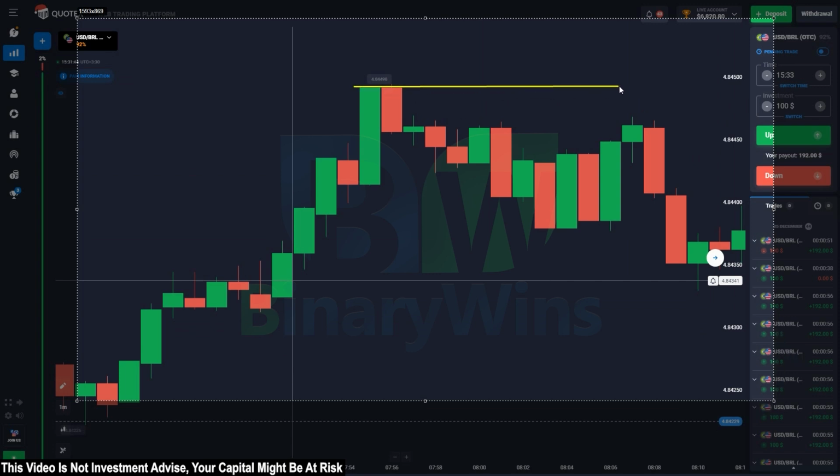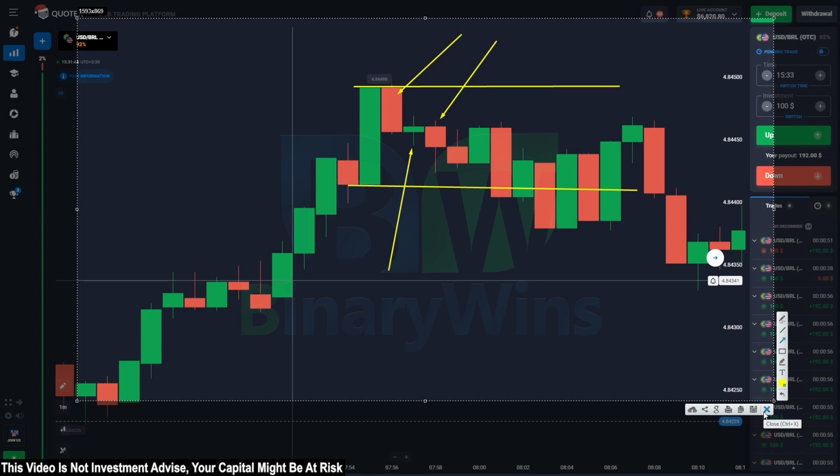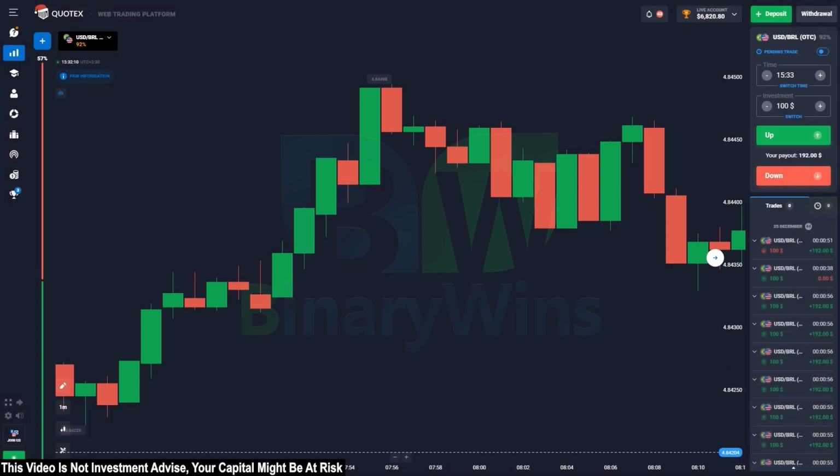Look here again. Red candlestick, green candlestick, and then red candlestick. We could enter a lower trade in this position.